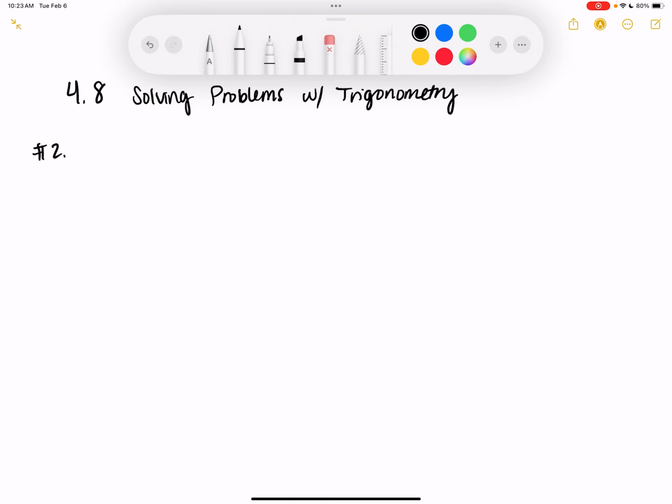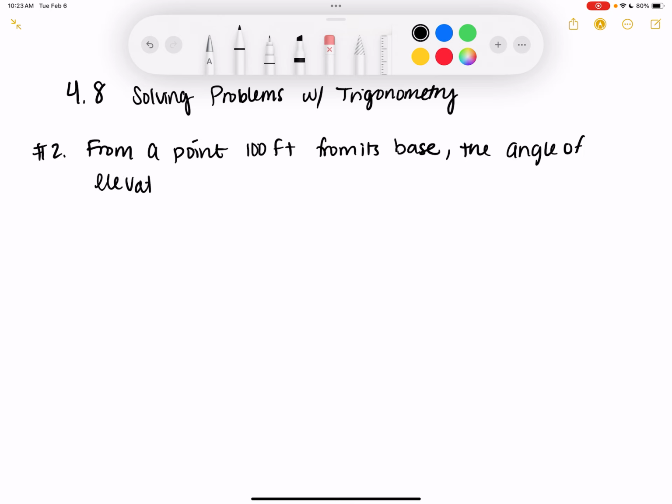So number 2, from a point 100 feet from its base, the angle of elevation of the top of the arch of, I'm changing the name of it because I can.